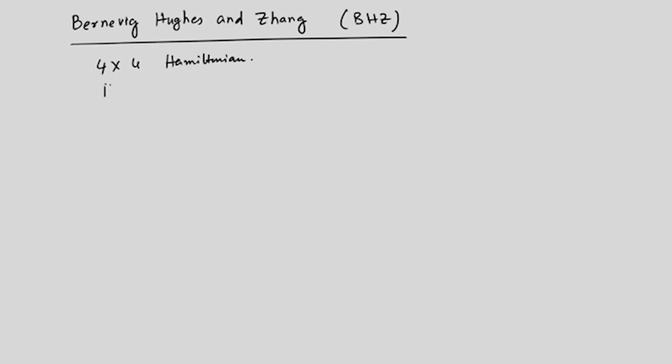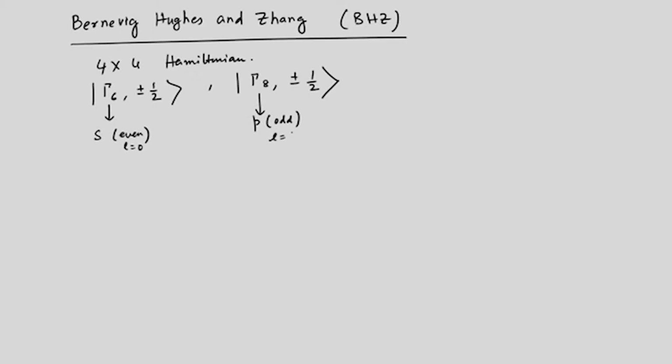the gamma 6 bands, with these mj values which are plus minus half, and gamma 8 bands, plus minus half. So, when we talk about gamma 6 and gamma 8, we talk about the symmetries of the band. This is an s orbital, so it is even, and this is a p orbital. So, even means L equal to 0, and p is odd because it is L equal to 1.